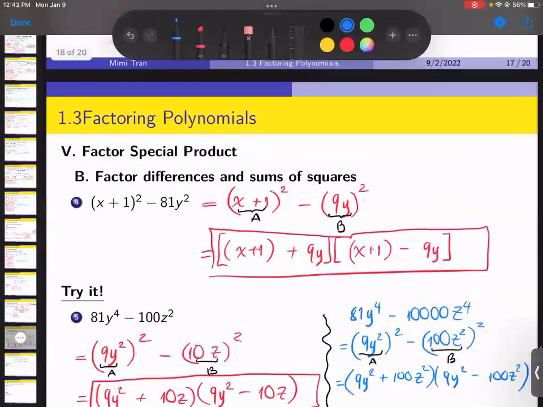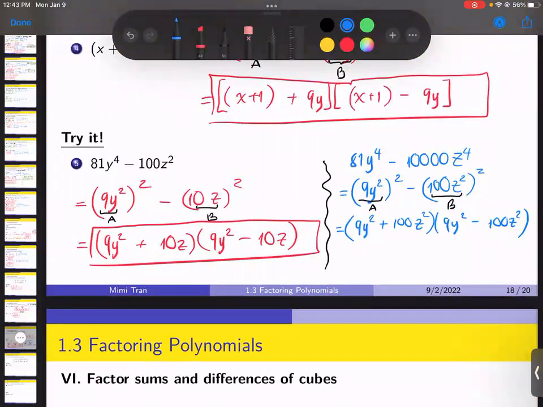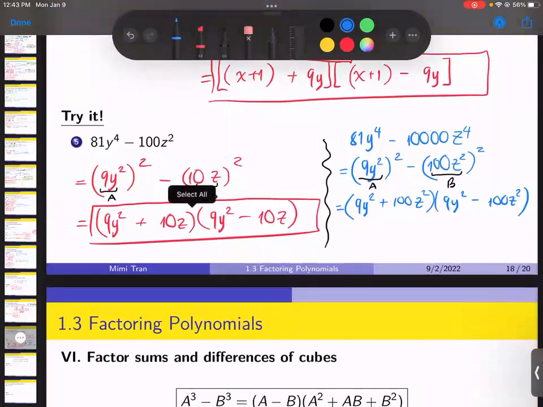But we can factor 9y squared minus 100z squared into what? I can rewrite this as 3y quantity squared minus 10z quantity squared, right? Keep going, factor that for me.